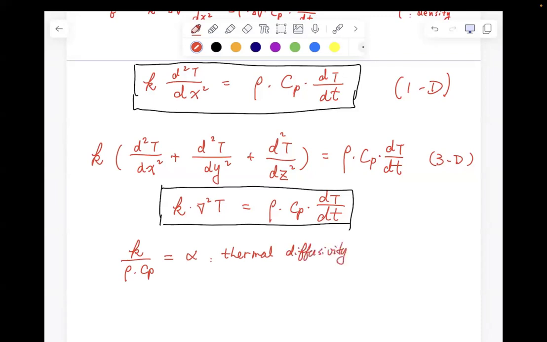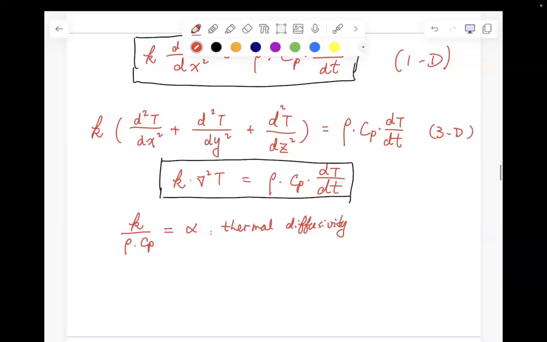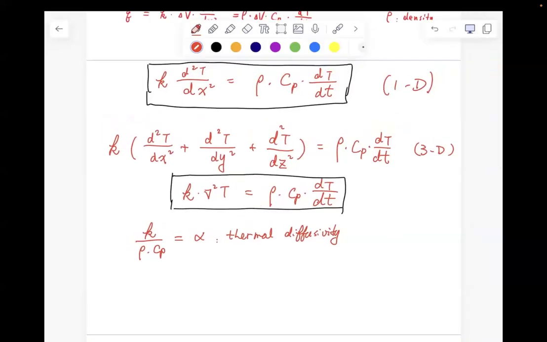For thermal diffusivity, some property tables actually have this thermal diffusivity. I recorded a video a couple of days ago to show you how to look for properties of the substance of a material. And then some table has this thermal diffusivity.